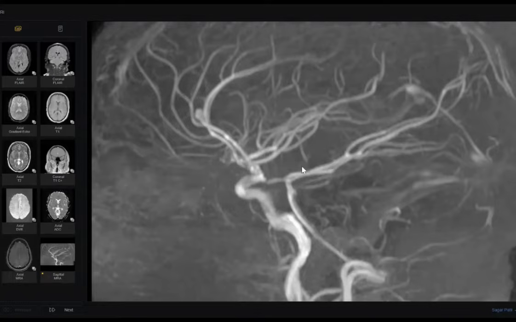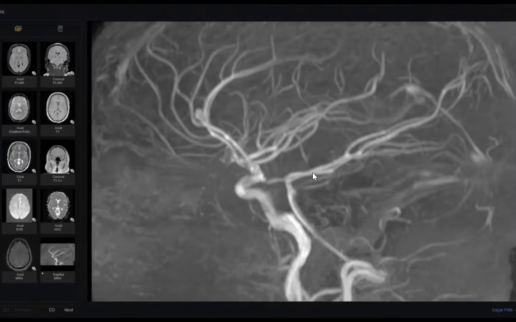I can see that there is an aneurysmal dilatation at the anterior cerebral artery. This is likely the source of the bleeding for this patient, and the patient will be referred to urgent neurointervention to possibly embolize this saccular aneurysm at the anterior cerebral artery.